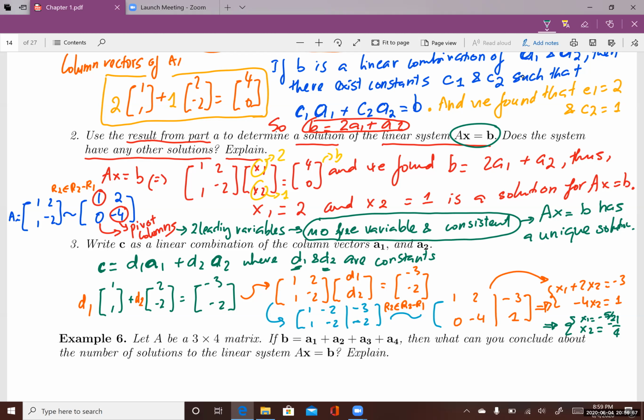So I'm used to x, but in this case, we need to have d, right? Because we're using d, not x. So I'll replace this by d1, d2, and up here, d1, d2. Again, d1 is -5/2, and d2 is -1/4.